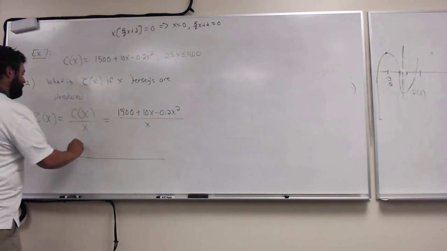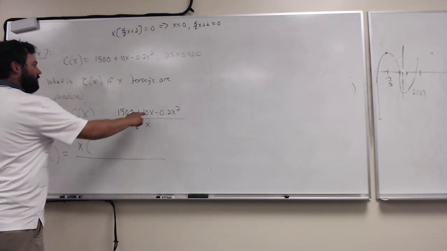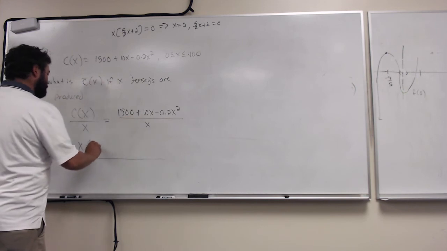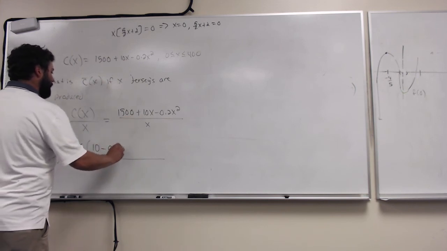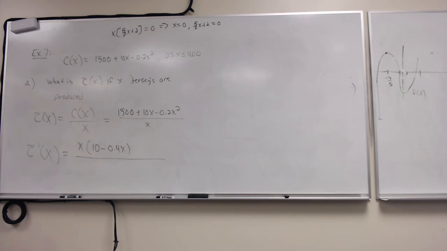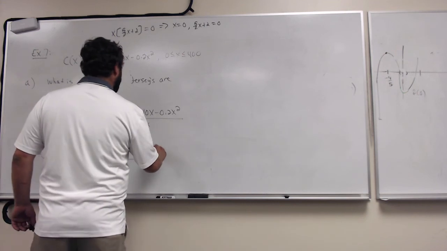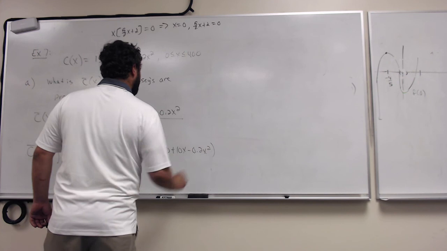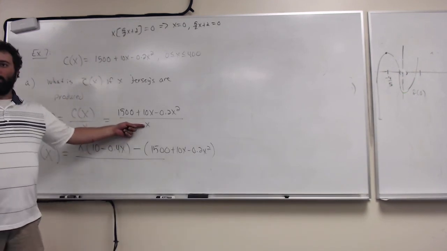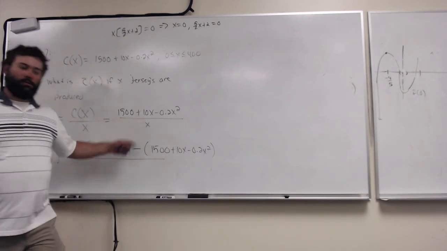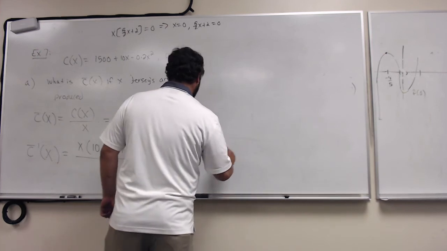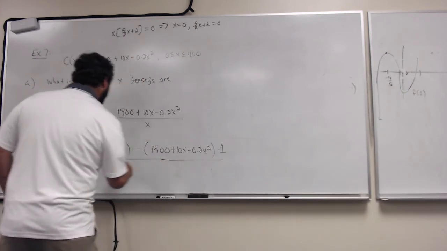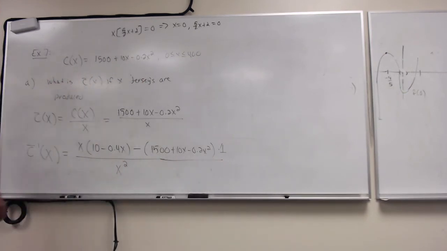So we'll do x times the derivative of the top function, which is 10 minus 0.4x. So bottom times derivative of the top, minus the top function, and then times the derivative of the bottom, but the derivative of the bottom is just 1. And then we'll divide that whole thing by the bottom squared.